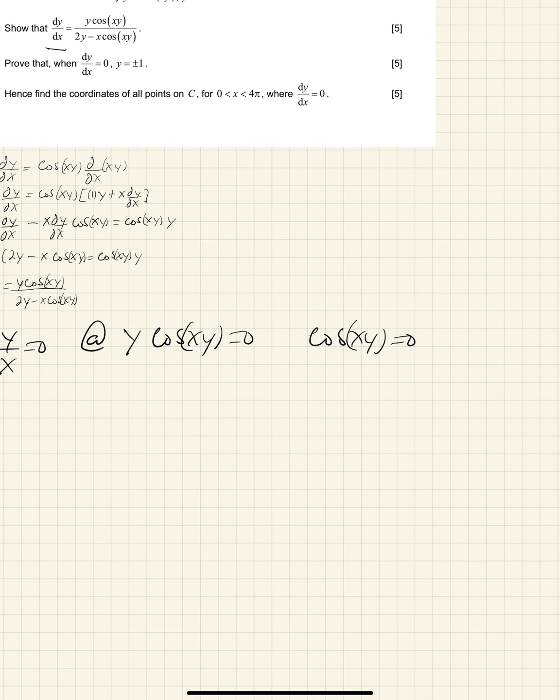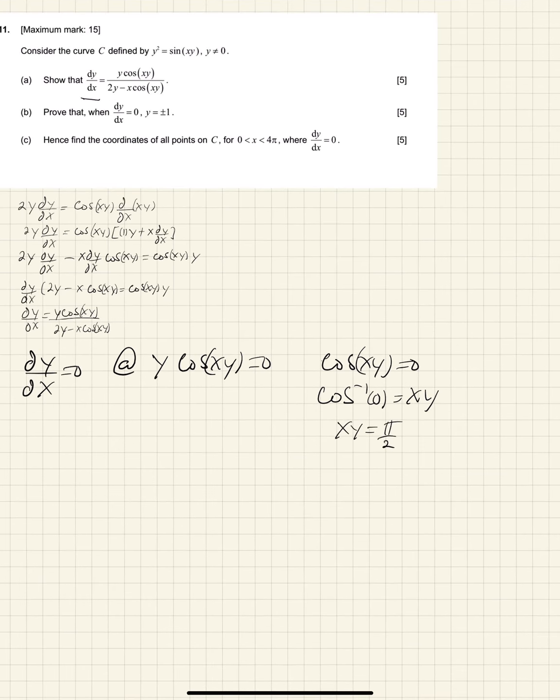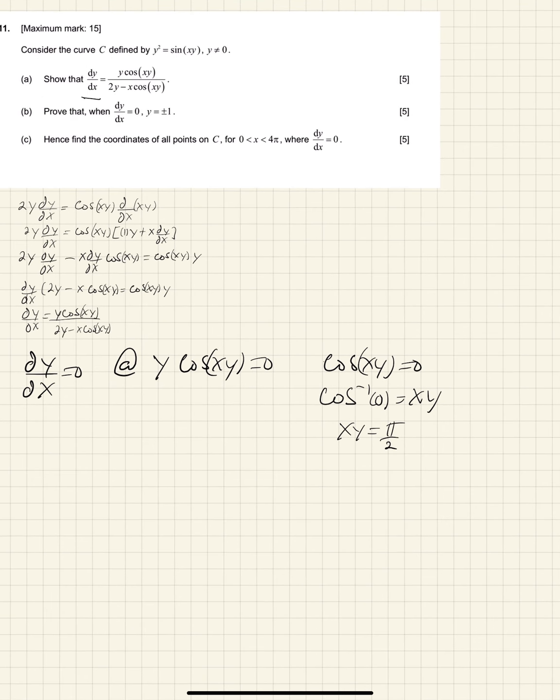Said differently, what's the arc cos of 0? Pi over 2. Do we have a domain restriction? Not explicitly.